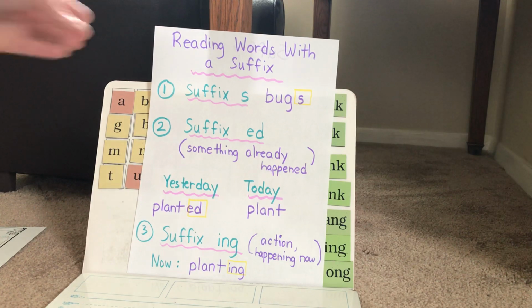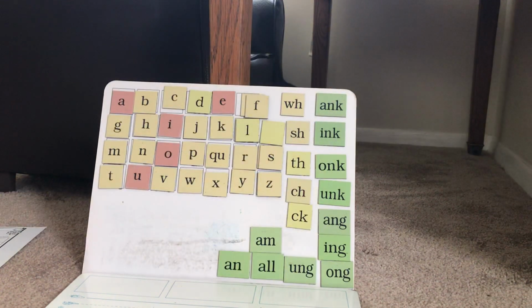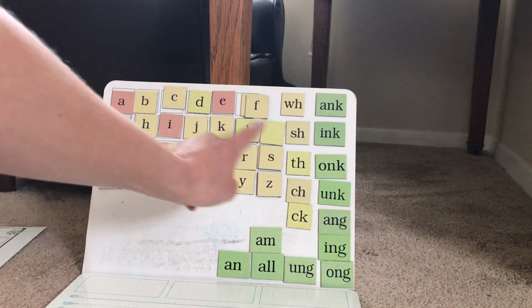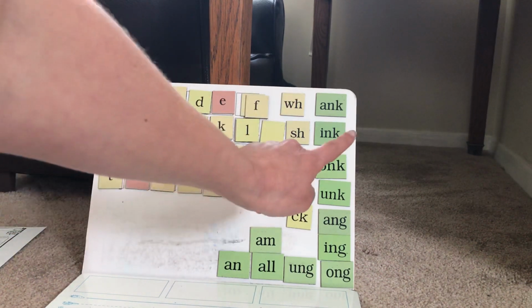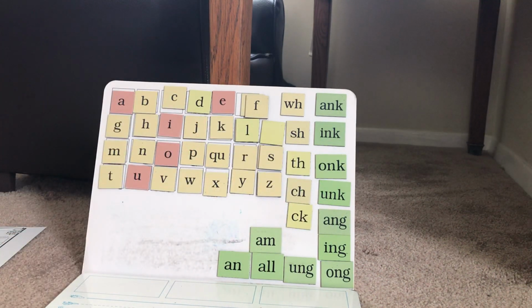Okay, so I'm using the tile board just so I can see the letters and the digraphs and the glued sounds. You can look at the movable tile board under Foundations Resources. There's also the keyword pictures of the letters and the sounds and everything in the resources as well.